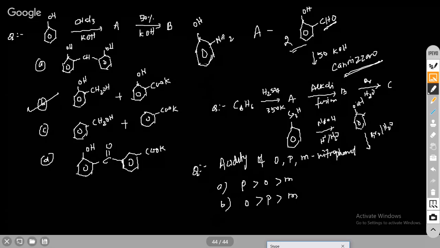So meta position will be least acidic, that is for sure. Yes or no? So this is correct. But when NO2 is placed at ortho position, there will be intramolecular hydrogen bonding here. Because of intramolecular hydrogen bonding, its acidity decreases a bit. So here the para becomes more acidic than ortho. So correct order will be this.